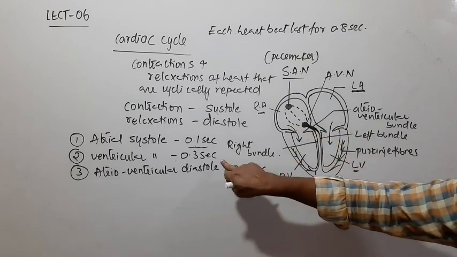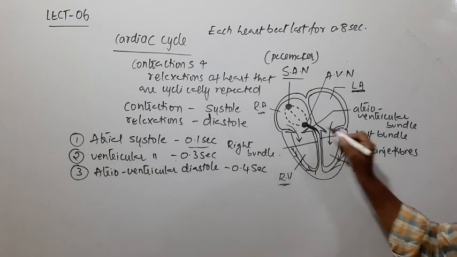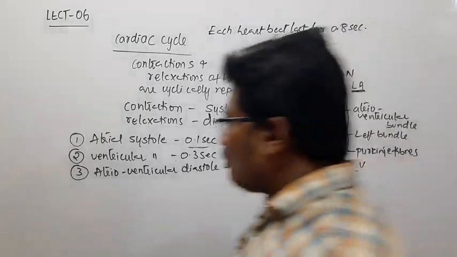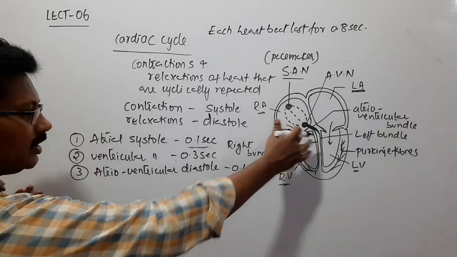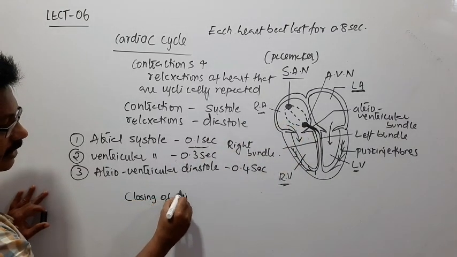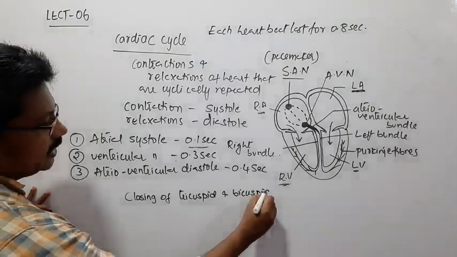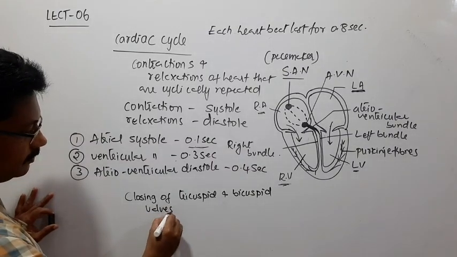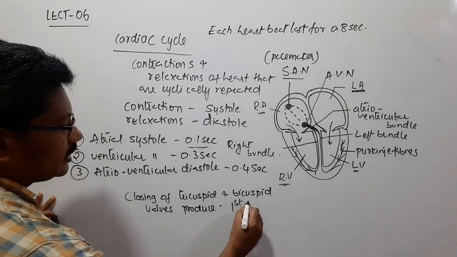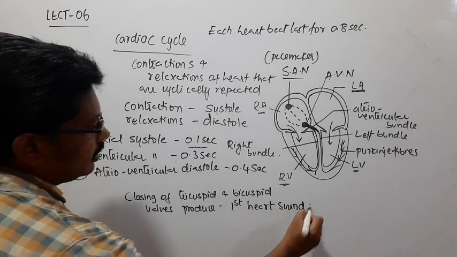So during the ventricular systole, these valves close, preventing the backward flow, and the closing of the tricuspid and bicuspid valves produces the heart's first sound.